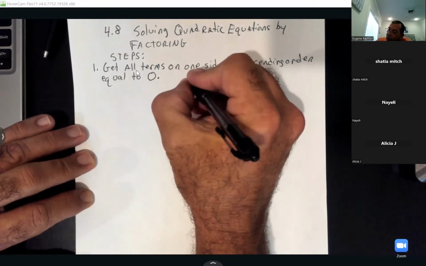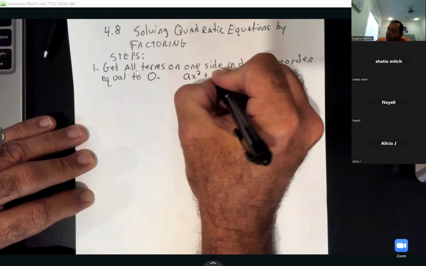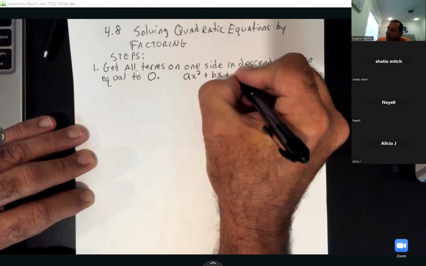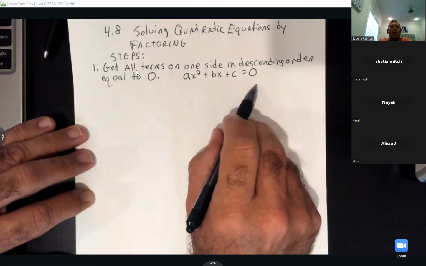So what that means, you want it to look like this. Your x squared term, your x term, and your number all equal to 0, okay?